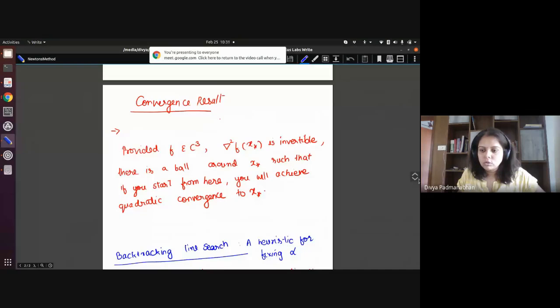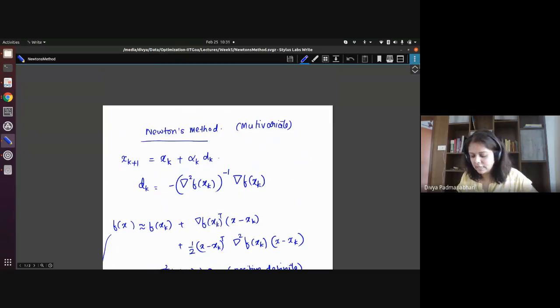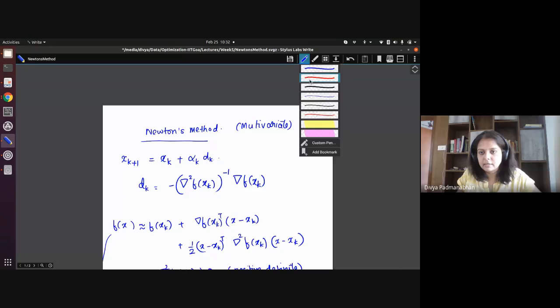So in the last class we were looking at the steepest descent, and we looked at quadratic functions. And we saw a way to set the alphas. So the updates were of this form, and dk in particular was something like this, right?